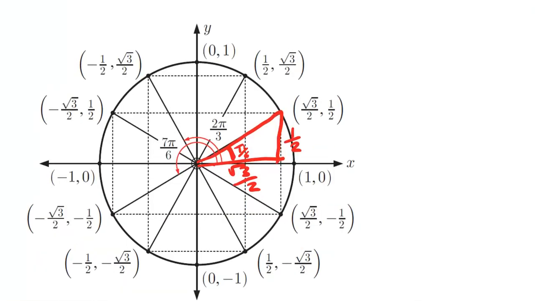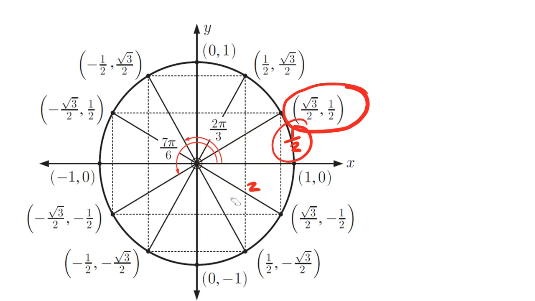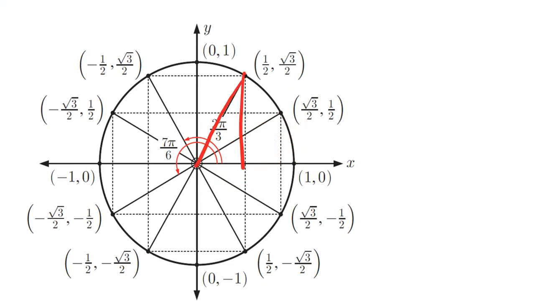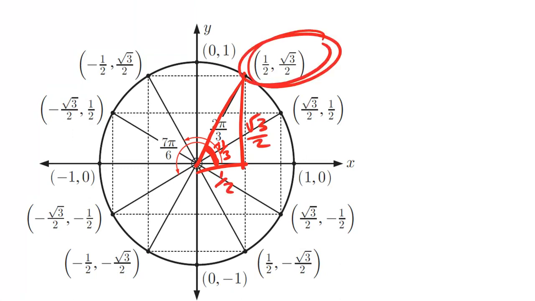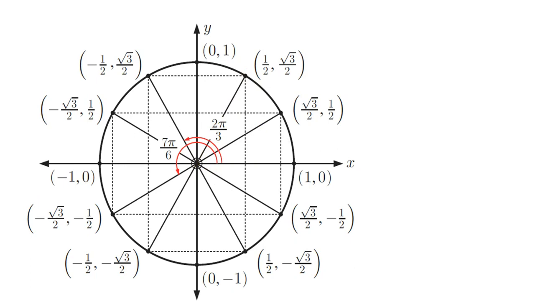So if I know that, you can see why this coordinate point has an x coordinate of root 3 over 2 and a y coordinate of a half. And if we think about this particular version of the triangle, well, this angle is pi over 3 now. And again, you can see the smaller length is a half, the longer length is root 3 over 2. That is where this coordinate point is generated from. And all of the others are coming from the symmetrical properties of the graph.